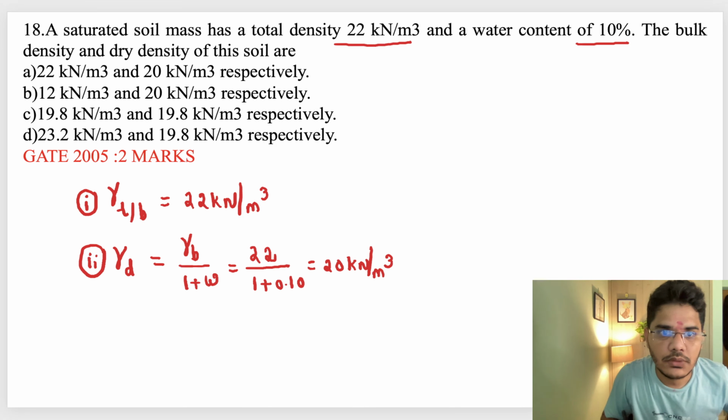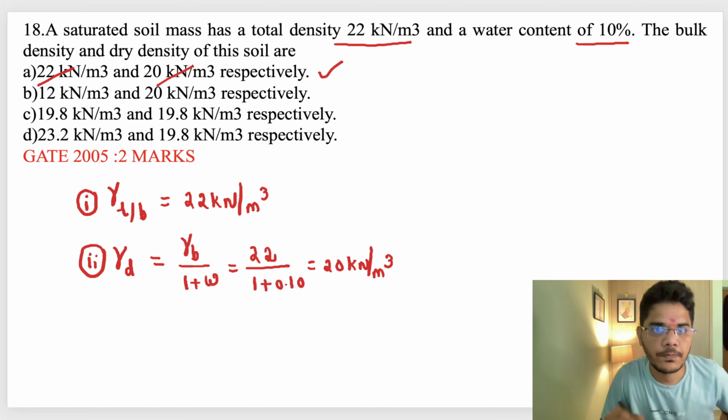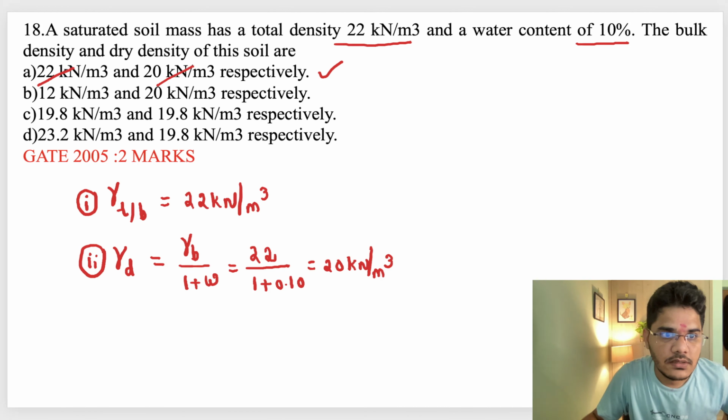So where is 22 and 20? For the first, he has asked the bulk density, so this is 22. Second, dry density, 20. So the first option is correct. This is actually a very simple question.